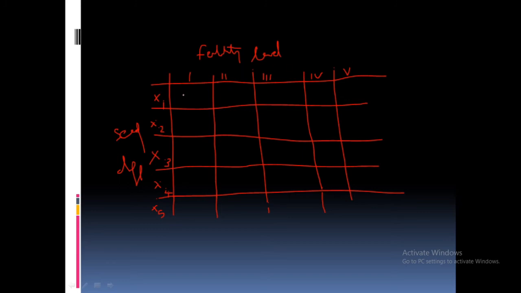Now we are giving the treatments. Our treatment is 5 types of fertilizer. What are the 5 types of fertilizer? Okay. So fertilizer A here.